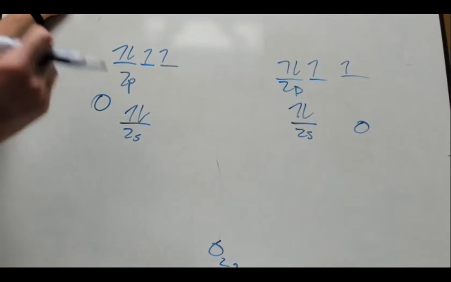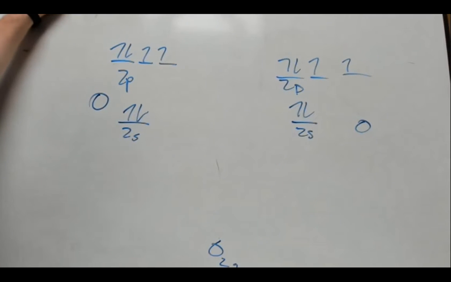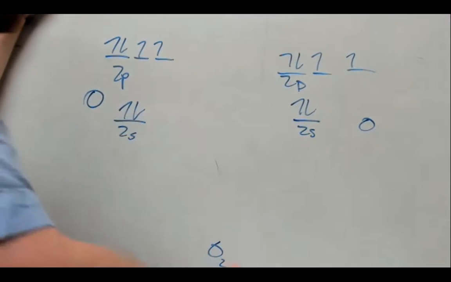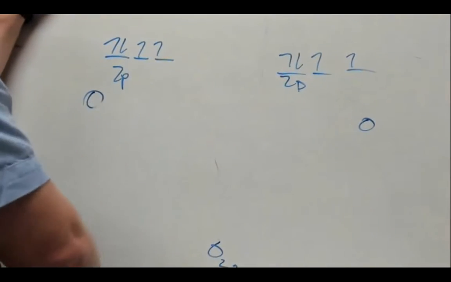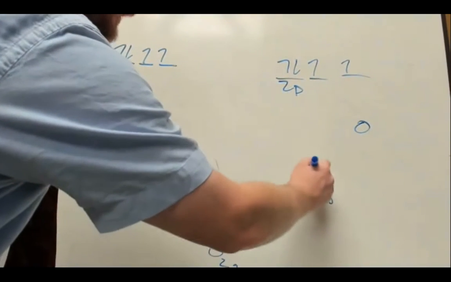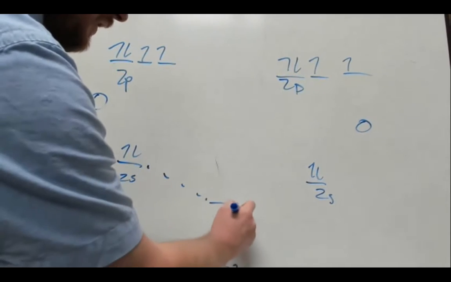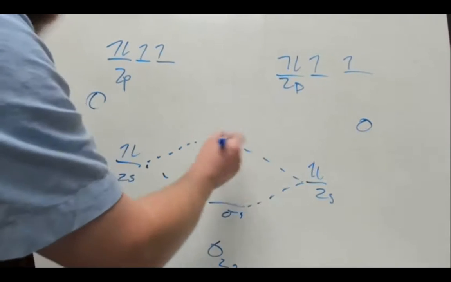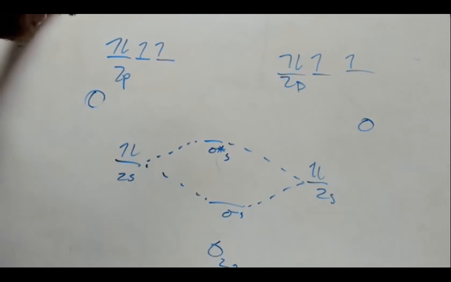What we find with regards to these pi bonds and these other orbitals really depends on what we're looking at. I drew these two things really close together, so I'm going to spread them out a little bit. When we add in the p orbital, this is what it looks like. We saw this before with our helium example, with the sigma s and sigma star s.